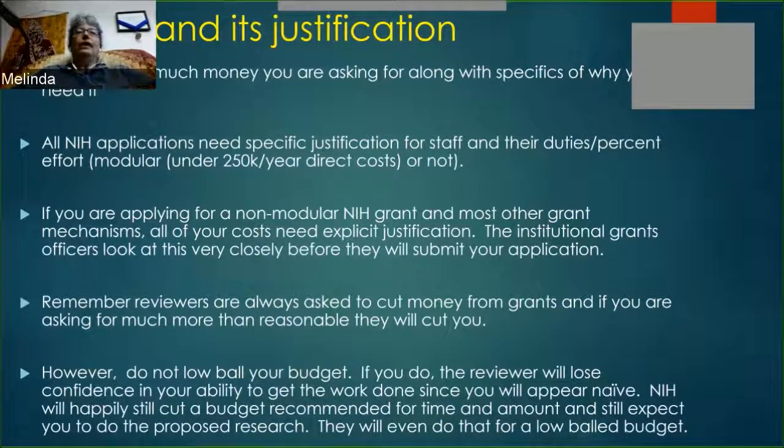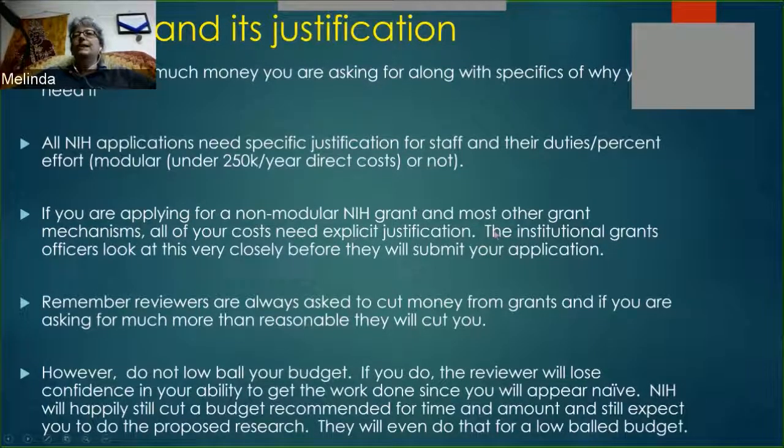Now, if you're going on an NIH modular application, these are reasonably painless. The only thing you really need to specifically justify is your staff and their duties and percent effort. Those are for the modular applications. If you're applying for a non-modular NIH grant mechanism, as well as most other grant mechanisms, you have to explicitly justify all your costs.